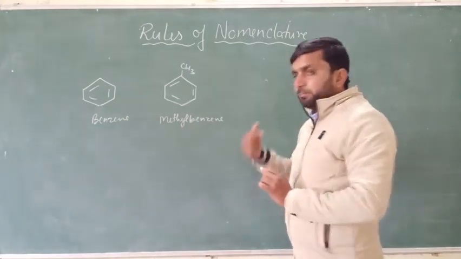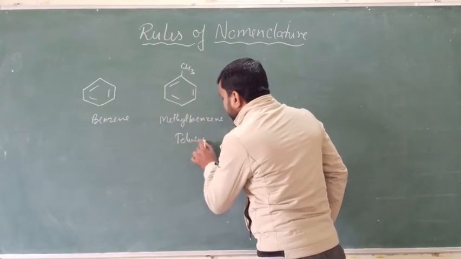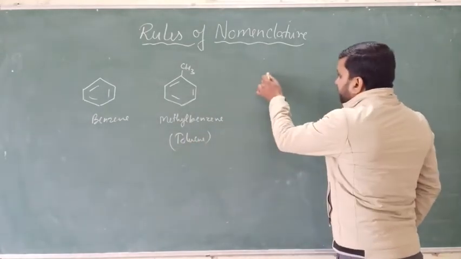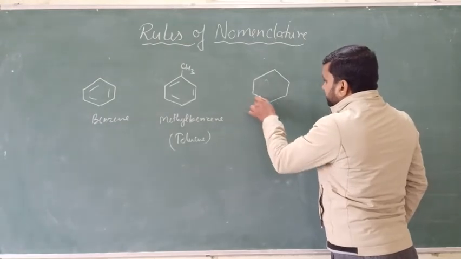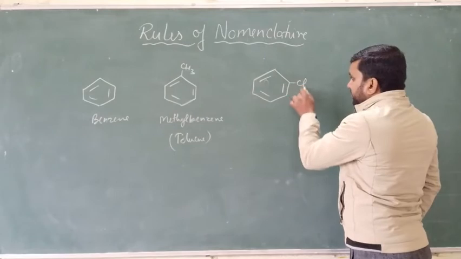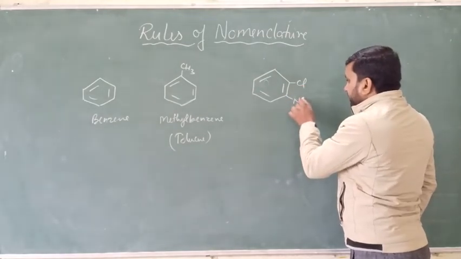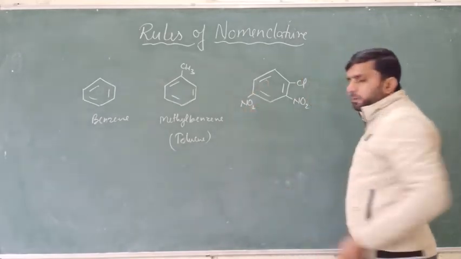So methylbenzene, commonly called toluene. Now suppose there is more than one branch: Cl, NO2, NO2. There are 3 branches.